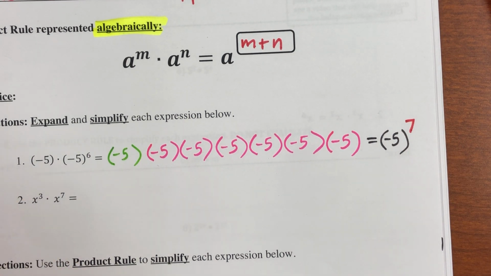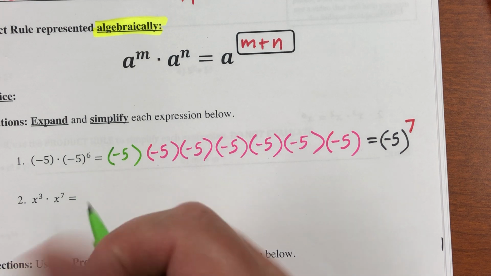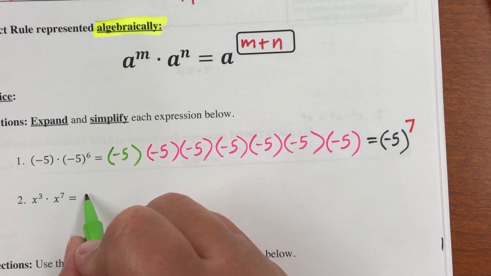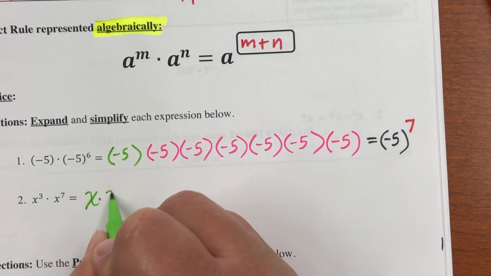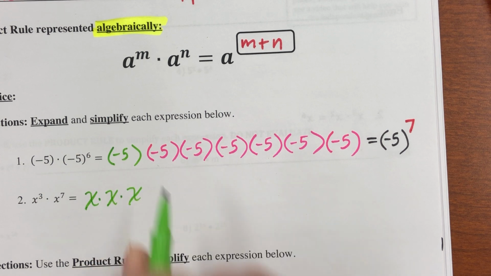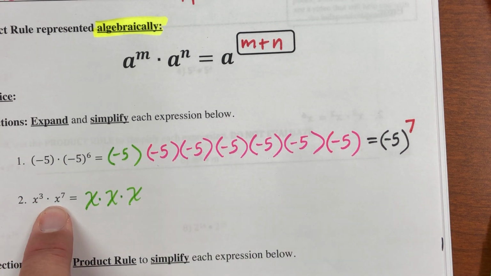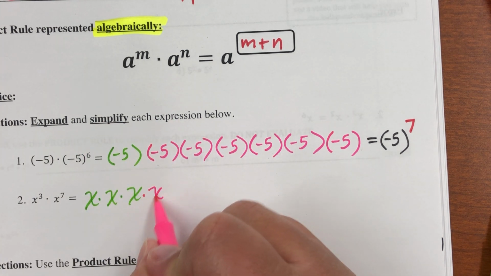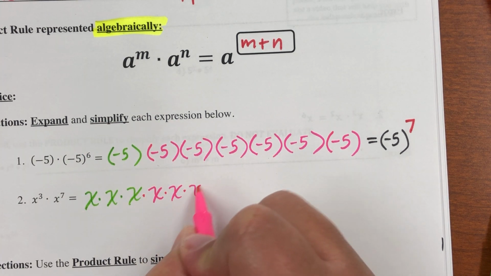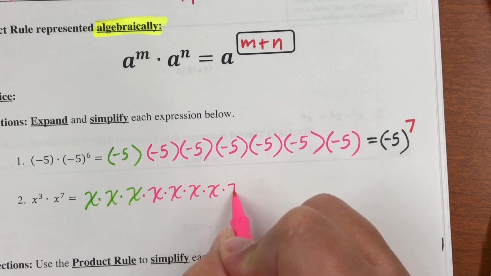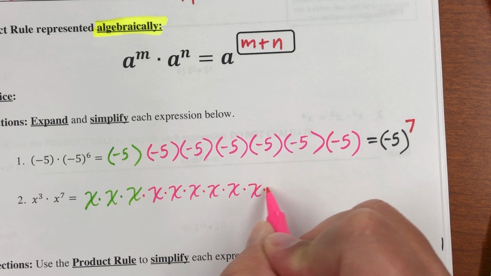Here I have x. My base is x, and it's to the 3rd power, so x times x times x, and that's being multiplied by x to the 7th power, times x times x times x times x times x times x times x.